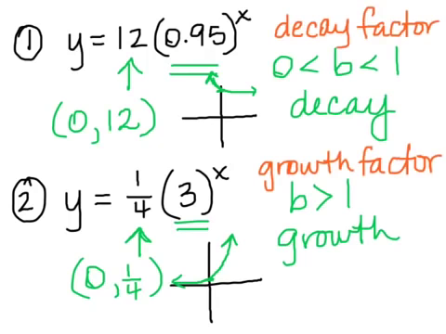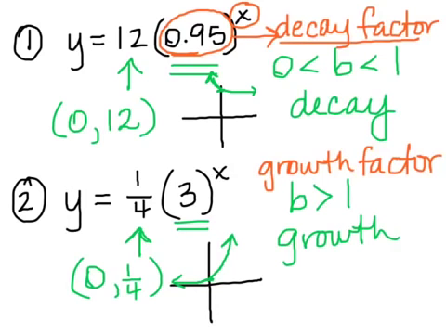The last term I want you to know for exponential growth and decay is that the decay factor is your b when this is a decay function. So the 0.95 is the decay factor, and that, if you think about it, is the number that's being multiplied times itself over and over and over again because it's being raised to a power, and raising to a power means multiply 0.95 times itself that many times.